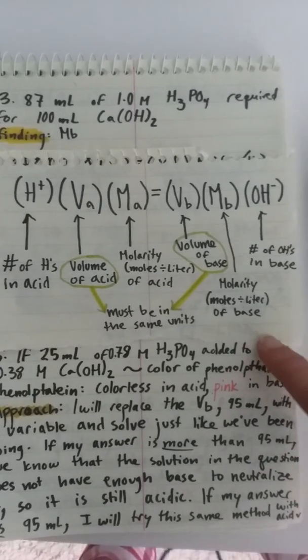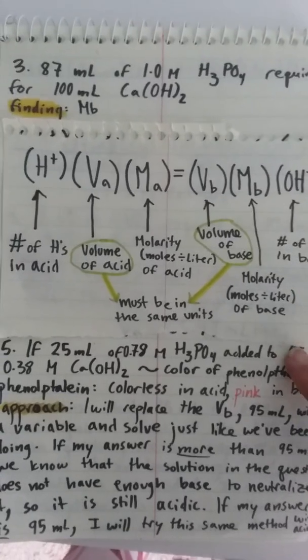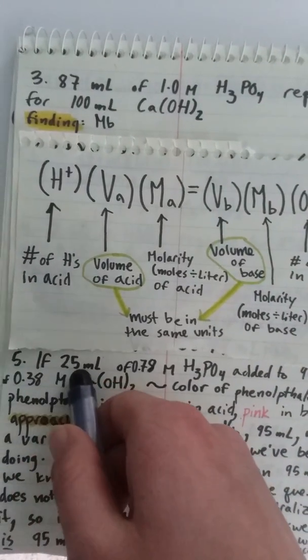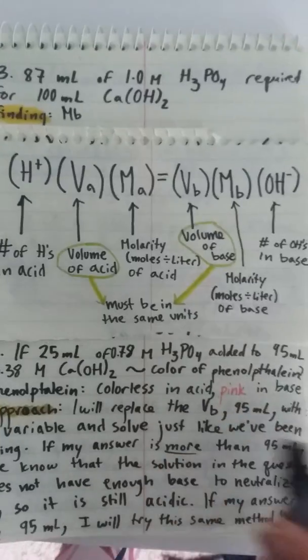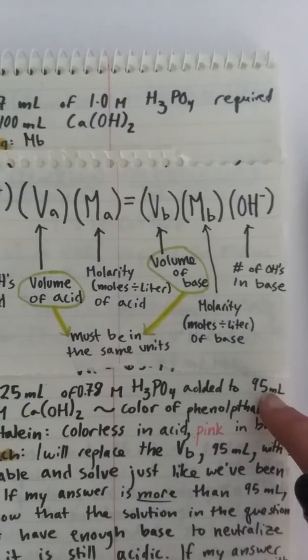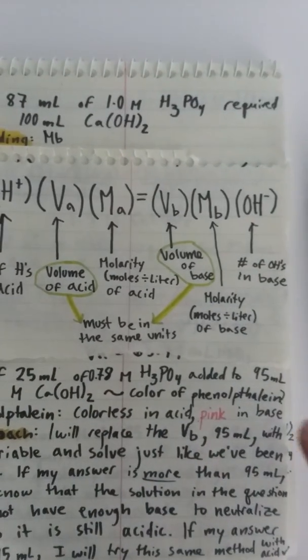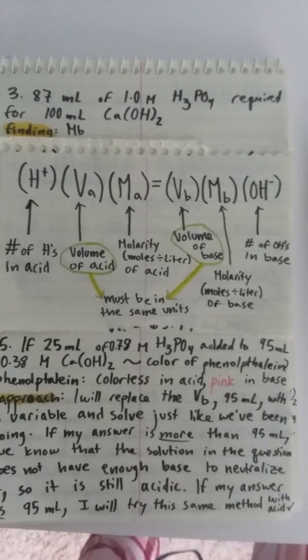I'm going to see how many milliliters of base it would take to neutralize 25 milliliters of 0.78 molar H3PO4. Once I find that out, I'm going to see if it's higher or lower than 95 milliliters.